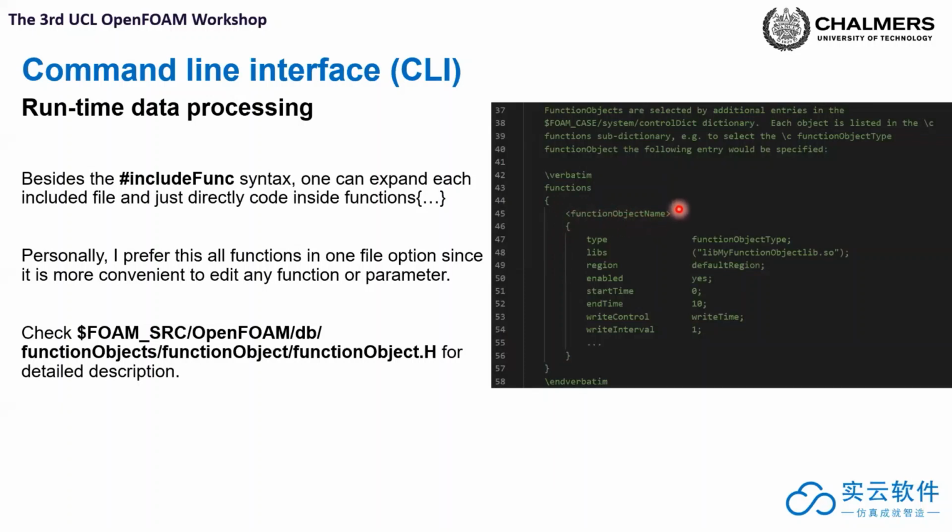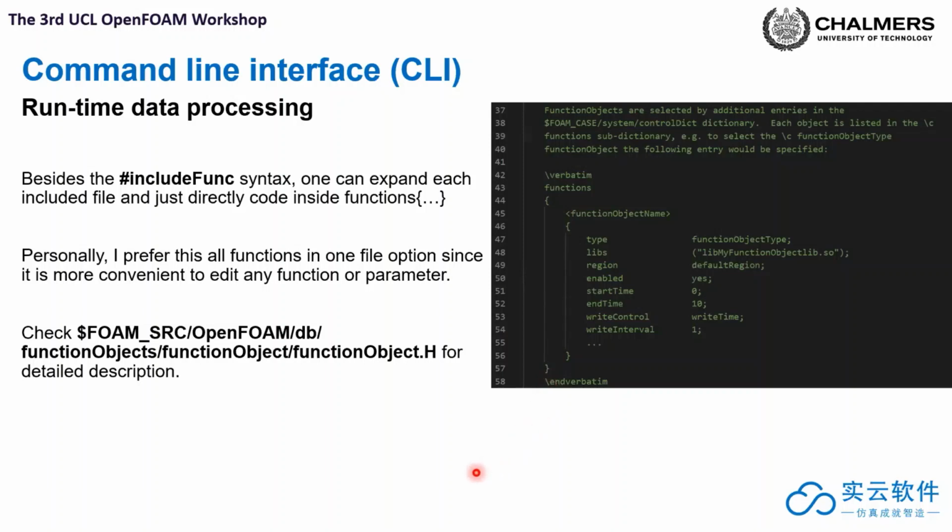So here maybe it's function1, and then the type is a probe, and after this function1 curly brackets, you can specify function2, which can be a streamline with type streamline with different libs.